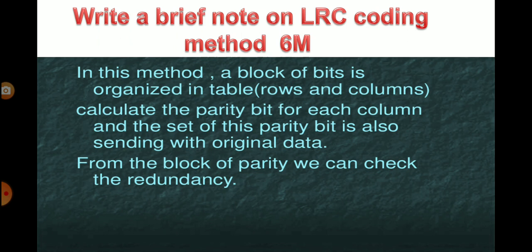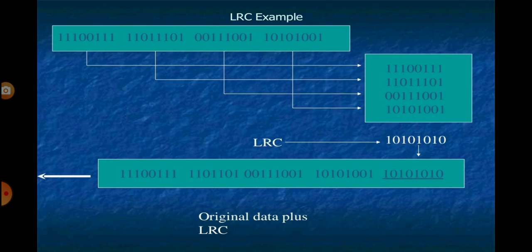Write a note on LRC coding method. In this method, a block of bits is organized in a table, rows and columns. Calculate the parity bit for each column, and this set of parity bits is also sent with the original data. From the block of parity, we can check the redundancy.